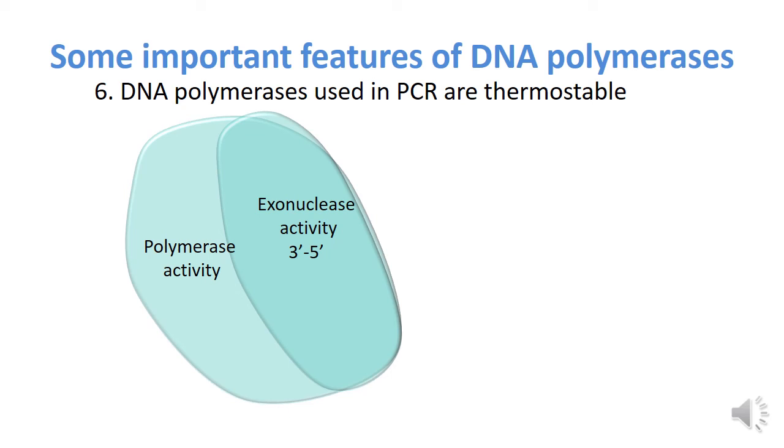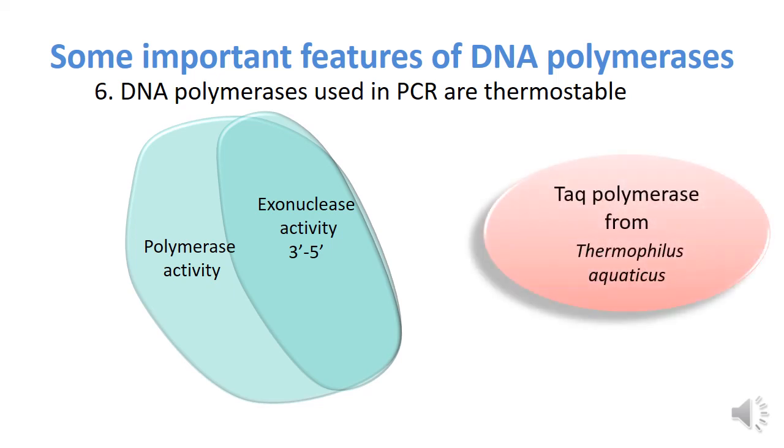Within our cells, this is brought about by enzymes, but it is not feasible to use enzymes for in vitro DNA replication. Therefore, it's a must for us to use thermostable DNA polymerases in PCR. And generally, we use Taq polymerase isolated from a hot spring bacterium, Thermus aquaticus, for this purpose.